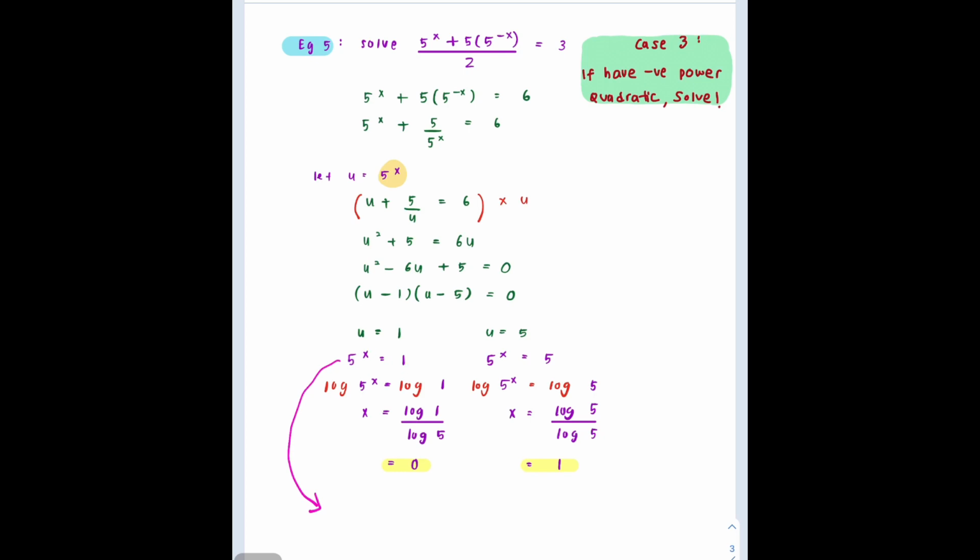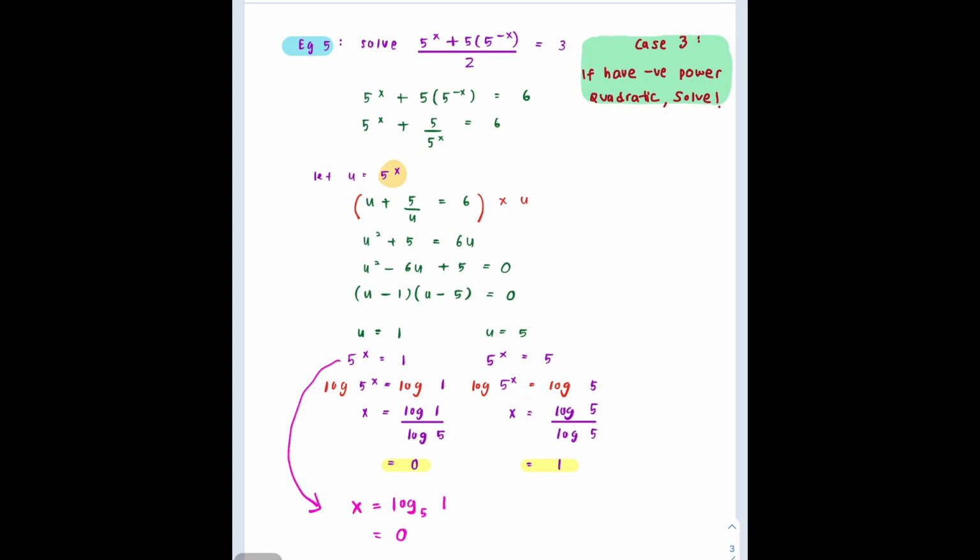In the log form, x is actually equal to log with the base of 5, 1. So log with any base, 1 is always 0. Okay? So either one. Whether you want to change into the log form straight away or you want to add log both sides, the answer is the same.